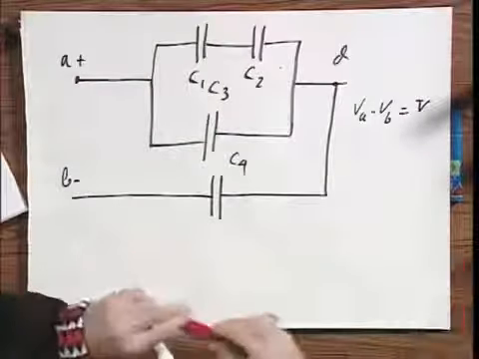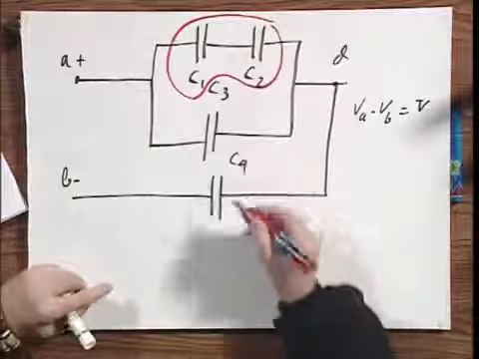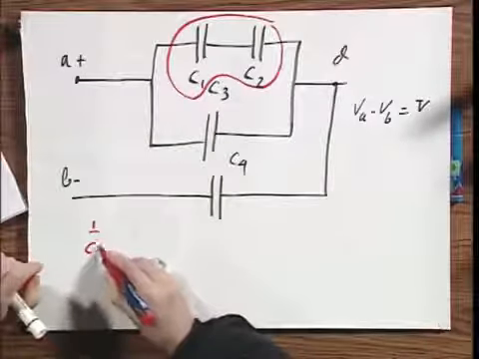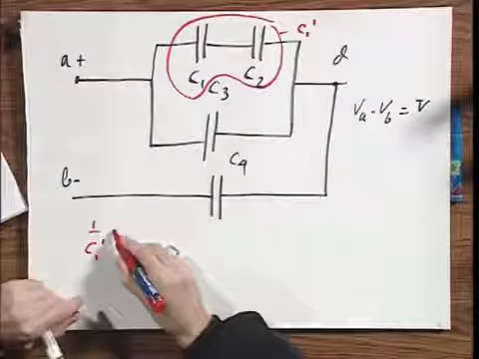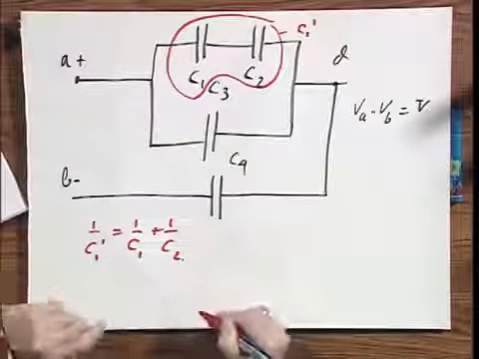The first thing I'm going to do, I'm going to replace these two by an equivalent capacitor. 1 over C1 prime equals 1 over C1 plus 1 over C2.